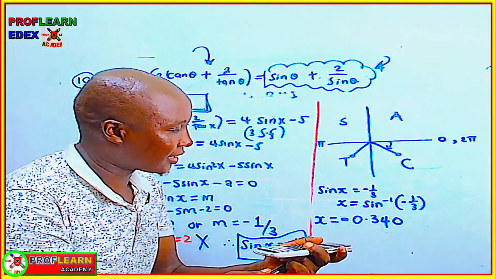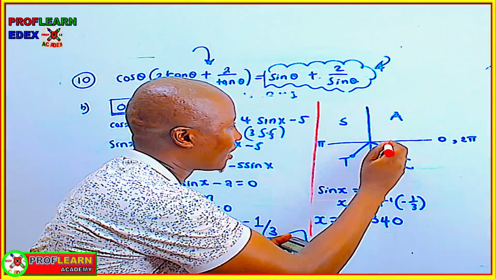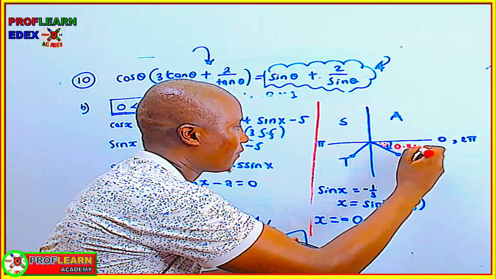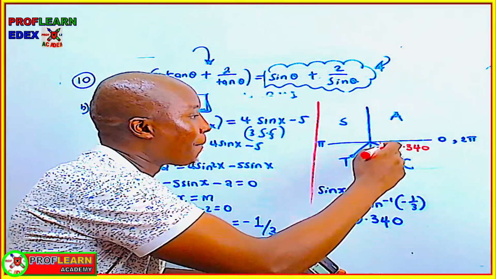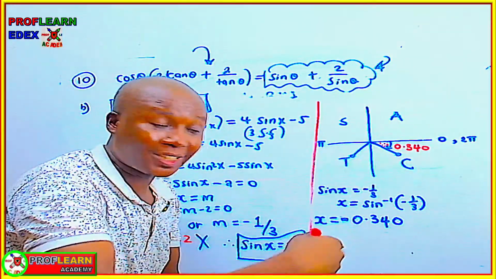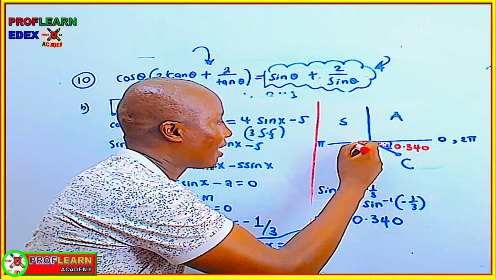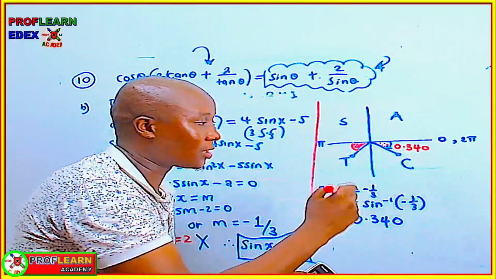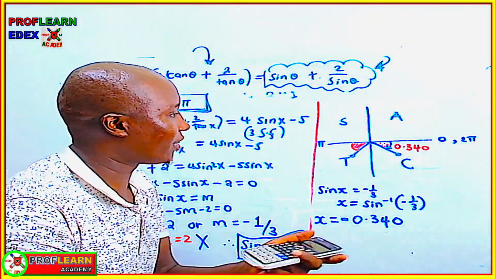So at this given point, this angle that we have here is basically 0.340. You are not going to write negative; you are going to write positive 0.340. Why? Already it's below the x-axis. That's why it's negative here. Also this angle that we are having here, because of symmetry, is the same value that we are having on the other side.